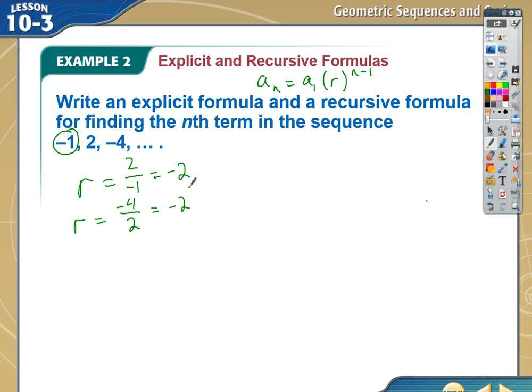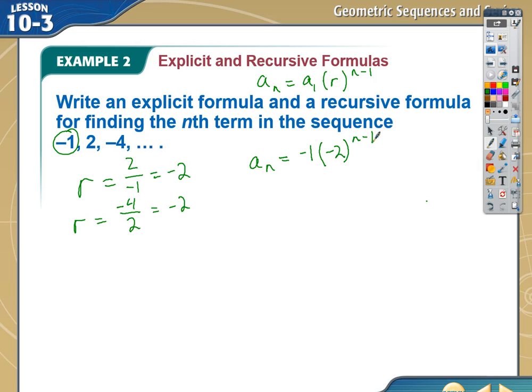So now I can say that my common ratio is negative 2. And I just plug in for my explicit form. A sub n is equal to a sub 1, which is negative 1, times r, negative 2, to the n minus 1. And that's my explicit form.